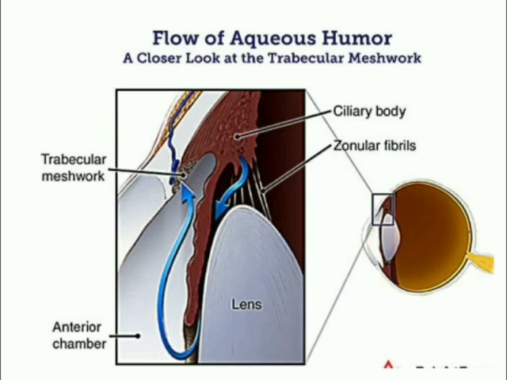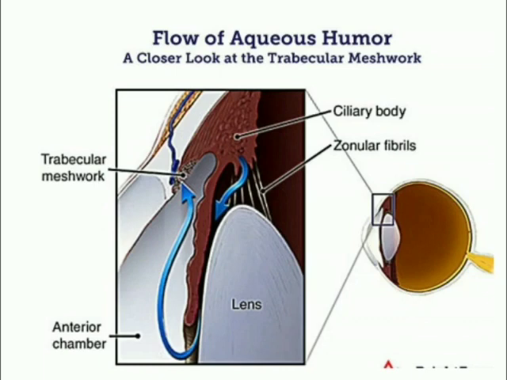If there is any mishap within the production or the circulation of the aqueous humor from the posterior chamber to the anterior chamber, and then the drainage that occurs through the anterior chamber angle structures, it could give rise to an abnormally high intraocular pressure.